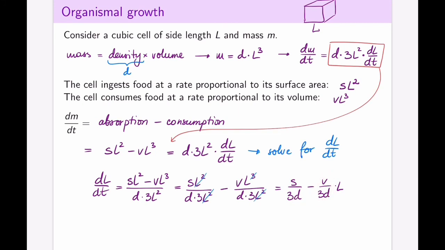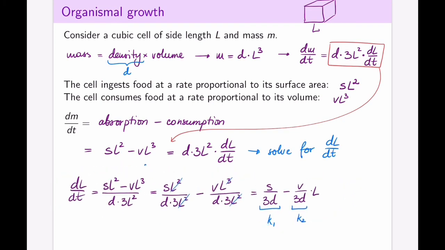So let's give these guys names. Let's say we'll call this K1 and we'll call this K2. So I can rewrite this expression in a slightly more pleasing way without too many constants: K1 minus K2L. So what we have here is the equation dl by dt is equal to K1 minus K2L.